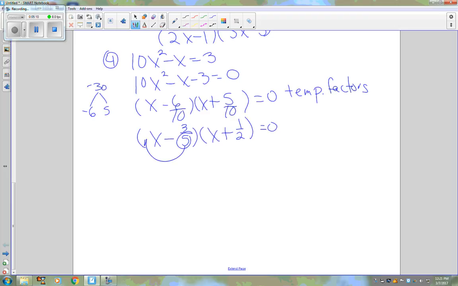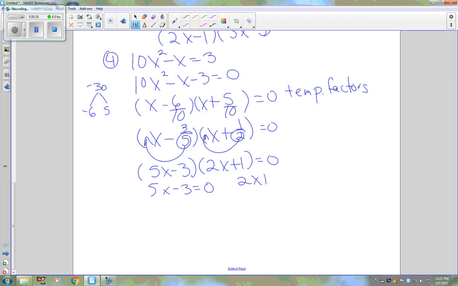Now slide, and I have 5x minus 3 and 2x plus 1, and you're asked to solve this, so I need to take each of these and set it equal to 0. You're going to add the 3 to the other side and divide by 5. Subtract 1 from each side and divide by 2. Okay, so look at your solutions, and 3/5, which is B.